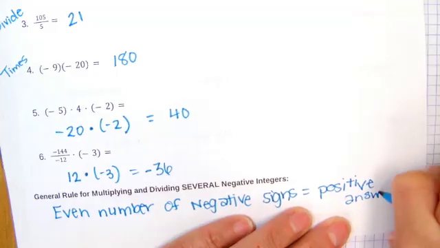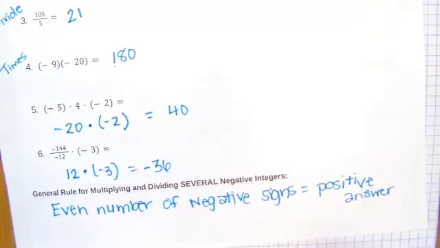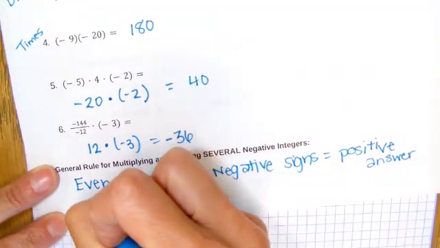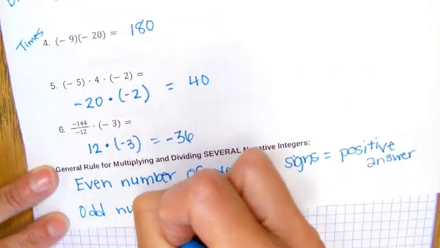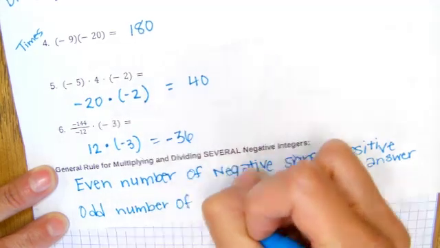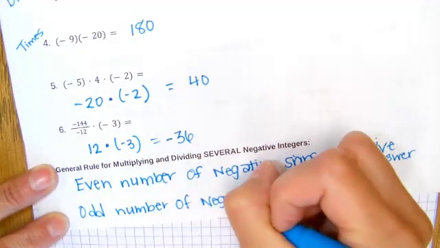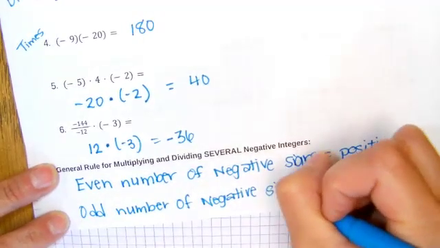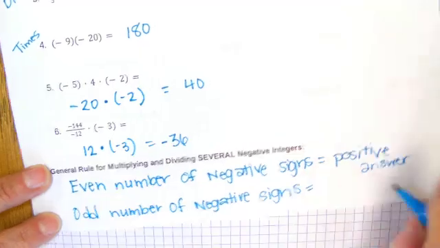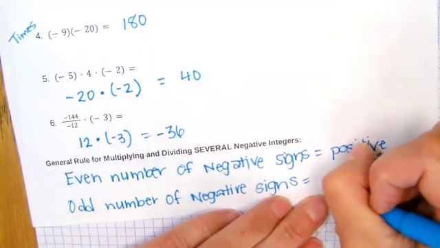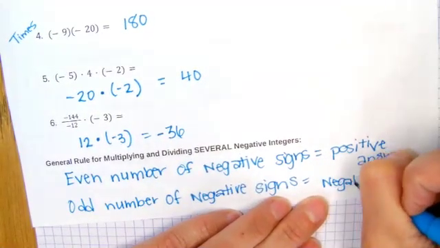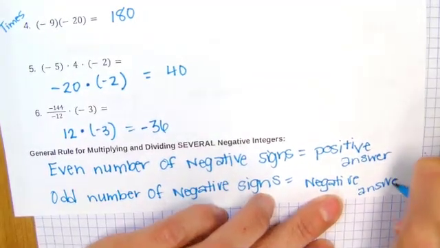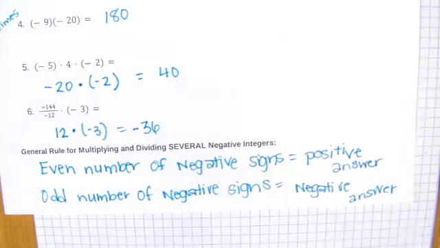Okay, which means probably, if you have an odd number of negative signs, then what do you think your answer is going to be? Positive or negative? If you said positive, you're wrong. It will be negative. Now, you don't have to memorize that because if you can do it step by step, it works.